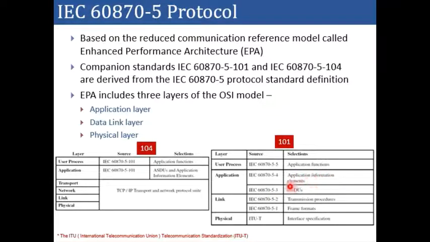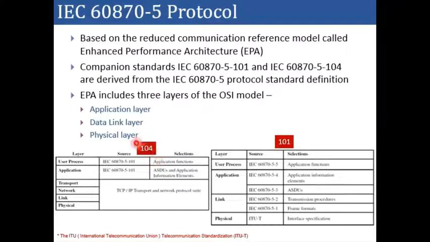Then application information elements are defined in IEC 60870-5-4. Now various application functions which are required for various user processes are defined in IEC 60870-5-5. So these are the documents which you can refer for the 101 protocol.